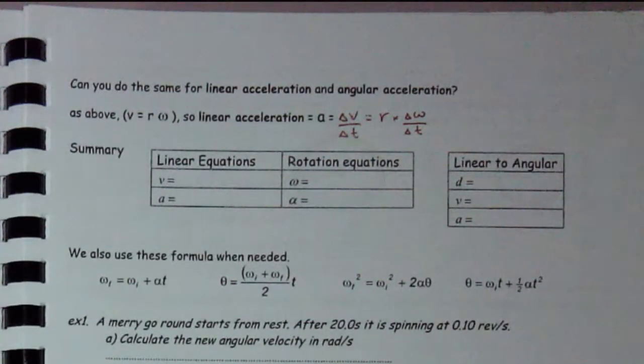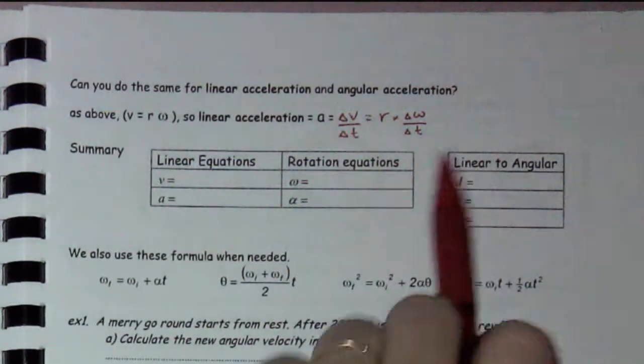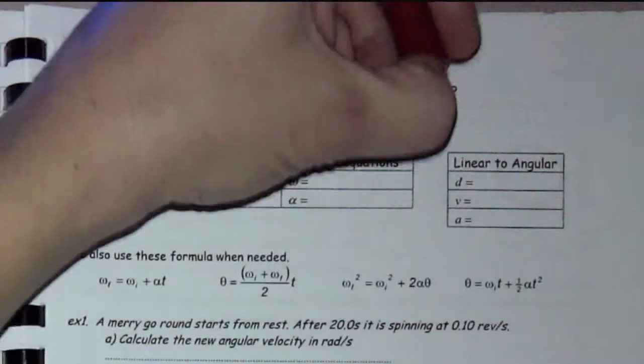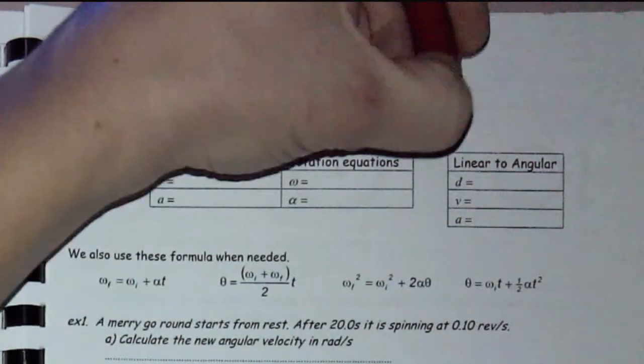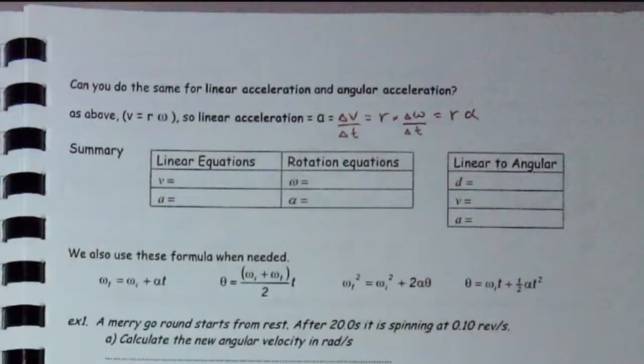So r times the change in omega should be equal to the change in v. So this is just equal to r alpha, where alpha is the angular acceleration.